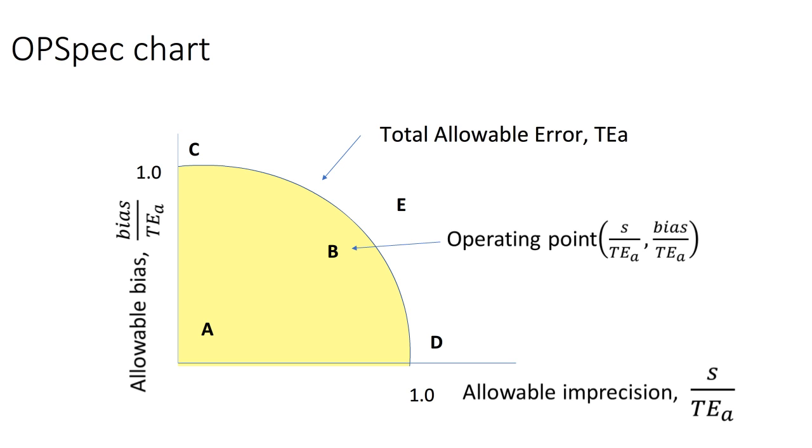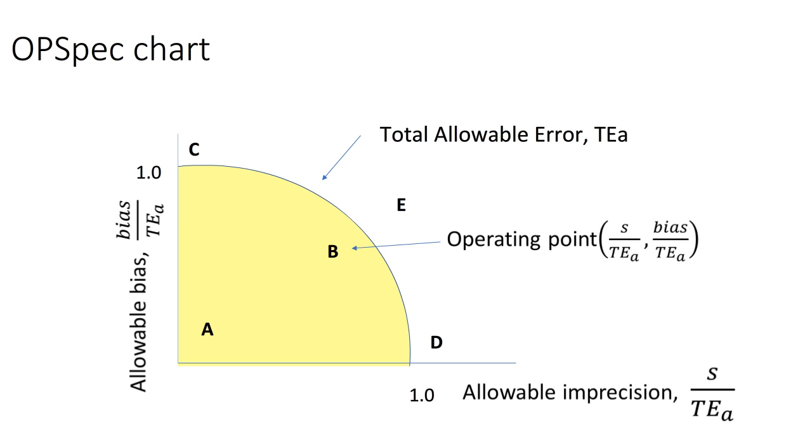So let's just look at what's plotted against what in the OPSpec chart. The OPSpec chart plots the percent allowable imprecision against the percent allowable bias. And the percent allowable bias and allowable imprecision are simply the ratio of your imprecision and bias to the total allowable error. So you see on the horizontal axis, it's just the ratio of the standard deviation to the total allowable error.